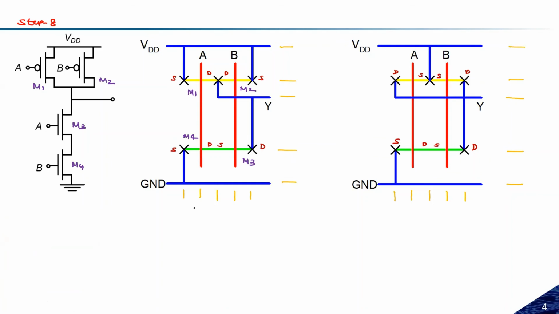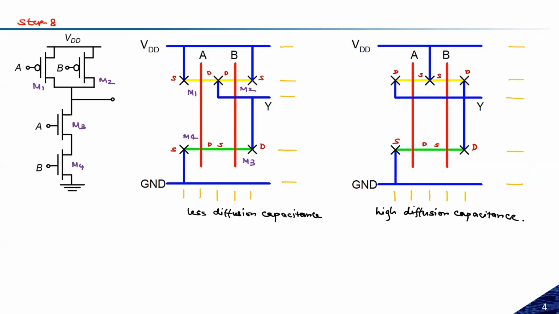So I'm writing here less diffusion capacitance and here high diffusion capacitance. Okay, so this is what we can do.